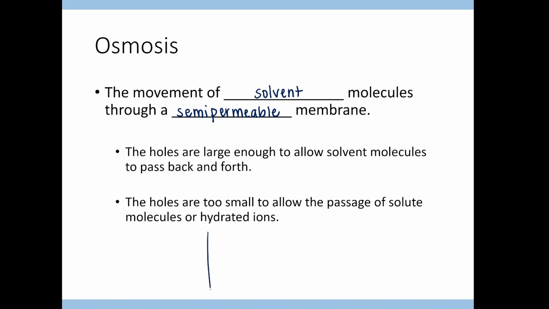So if you had a solution with a semi-permeable membrane, solvent can go back and forth. We'll talk a lot about water as the solvent. But if you only had solute particles on one side, they stay on that side. They're not able to move.